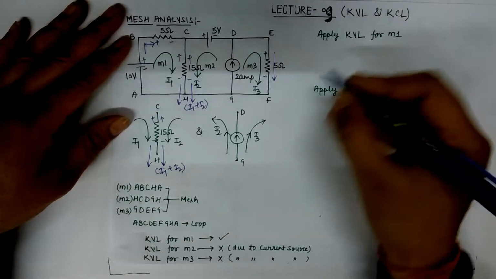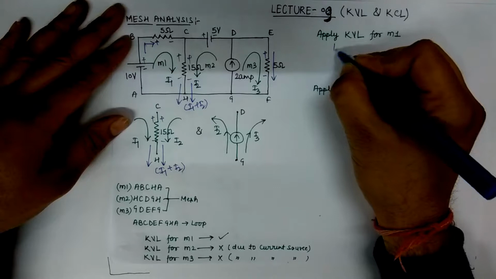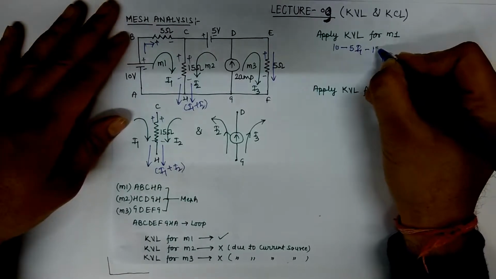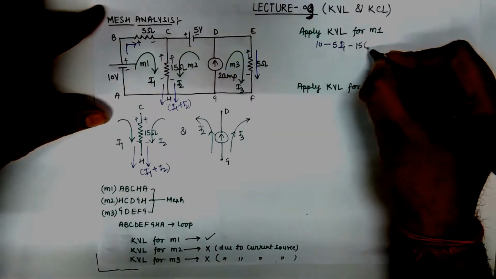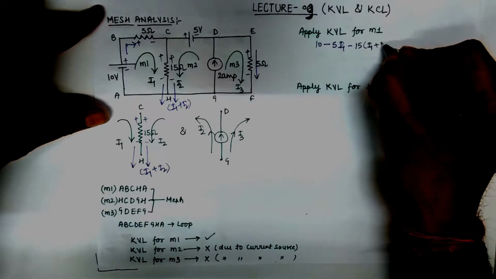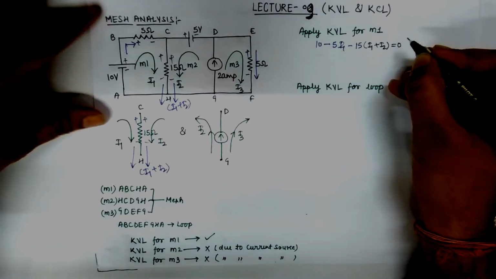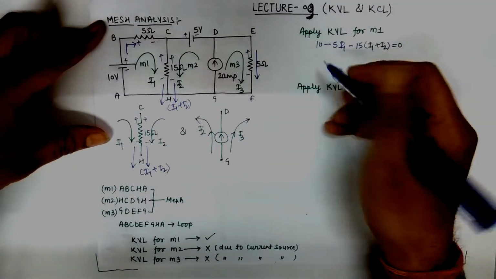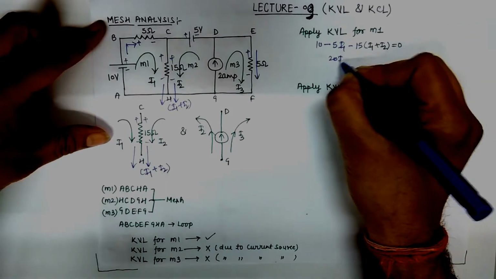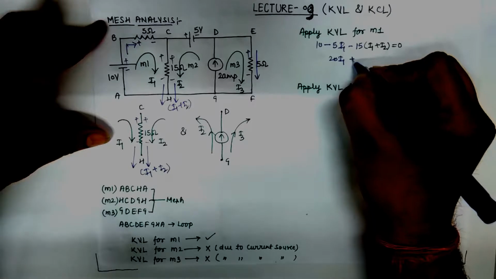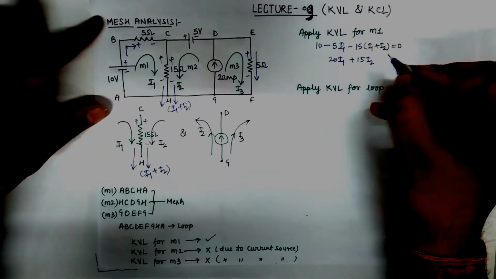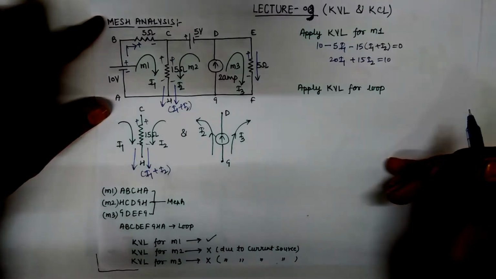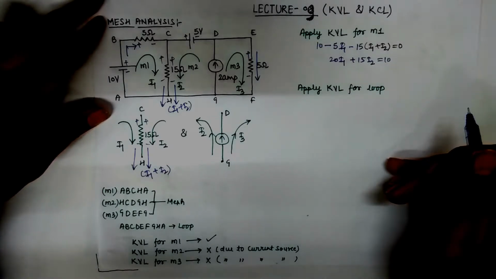To write the equation, start from A. It is 10 minus 5 I1 minus 15 times I1 plus I2 is equal to 0. After solving this equation, it would be 20 I1 plus 15 I2 is equal to 10. So we solve this equation for KVL in mesh 1.